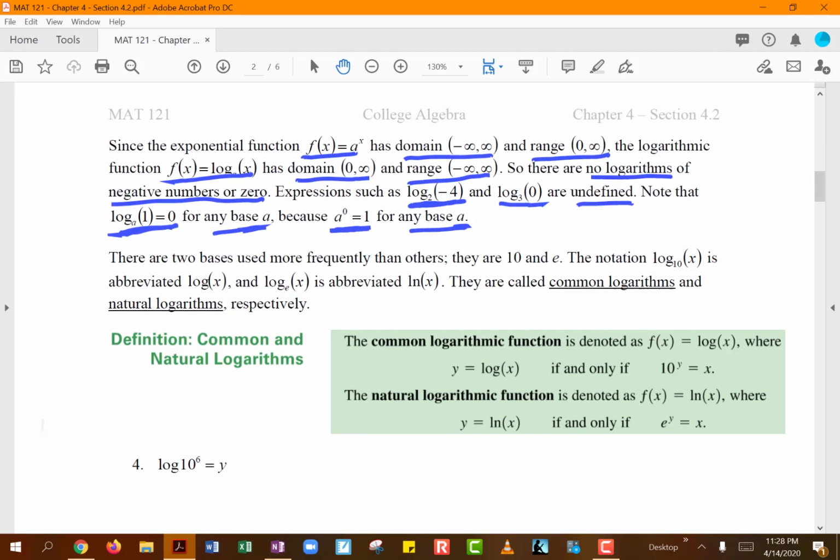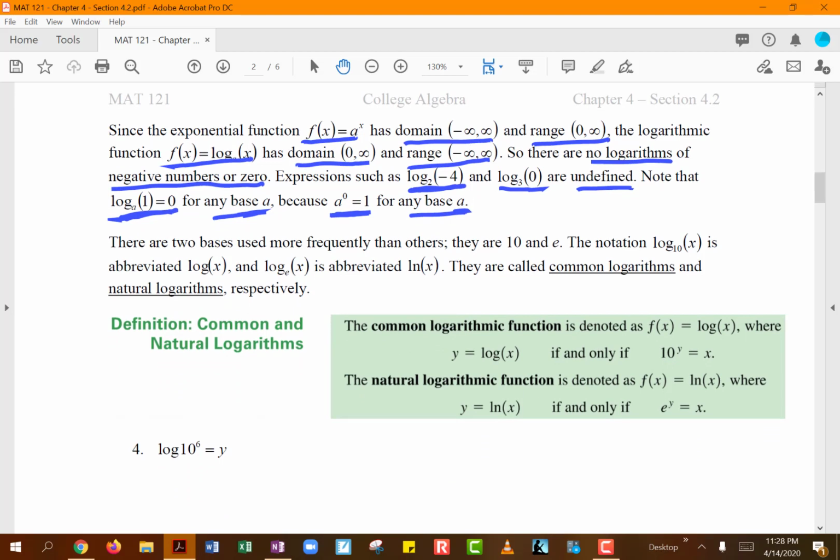Okay, now for these logarithmic functions, there are actually two bases that we use most frequently, and those two bases are base 10 and base e. Whenever we are using the base 10 logarithm, instead of writing that number 10, we just abbreviate it as log of x. So anytime you see log of x, it's understood that it's base 10, and we call the base 10 logarithm a common logarithm.